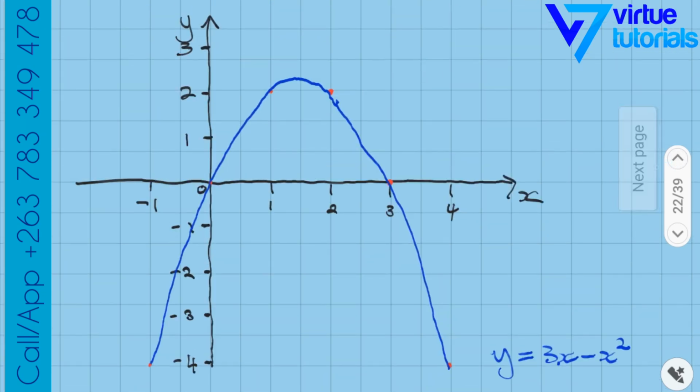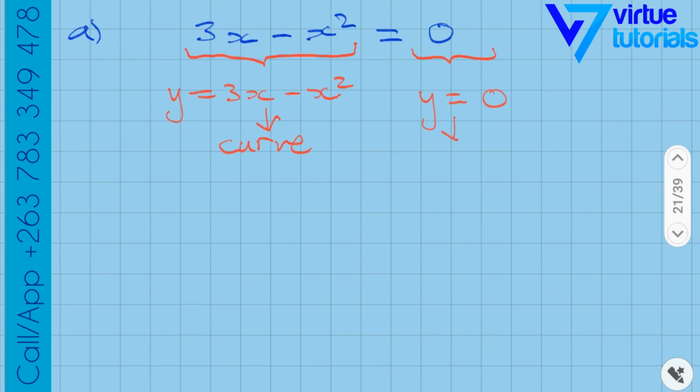Now, if you remember your lines, the line y is equal to 0 is the horizontal line that passes through 0. The horizontal line that passes through 0 is the x-axis. So this part is actually the x-axis. Now we're ready to use the graph, because we found something on the graph to represent this side of the equation, and something to represent the other side.